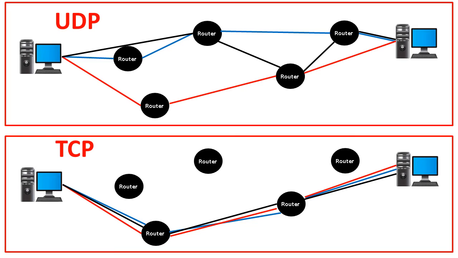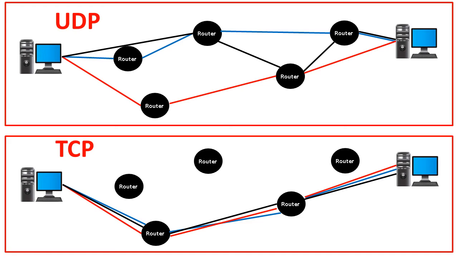We know that UDP is unreliable, so it is not mandatory to use the checksum in the UDP header, but it is required to have the checksum in the TCP header because TCP is reliable and checksum is needed to maintain the reliability.